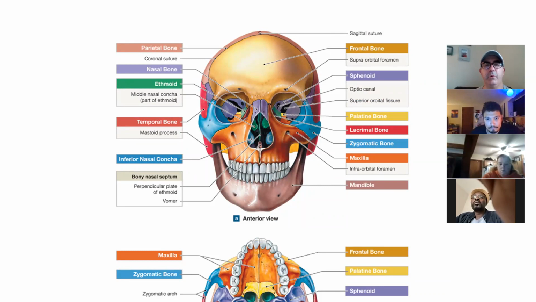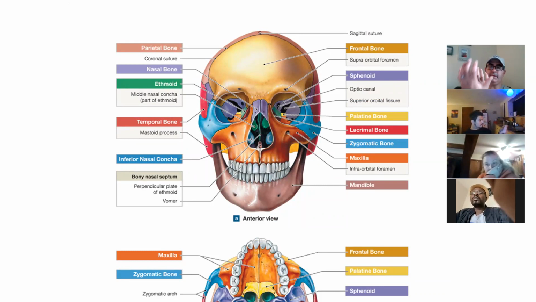They are the ethmoid bone, which is this green one here, okay, and the sphenoid bone, which is this purple one over here. Now, you can see the sphenoid bone behind the eye sockets, right? All of these facial bones are in front of it. It's holding your brain in place, and then all the facial bones are in front of it.